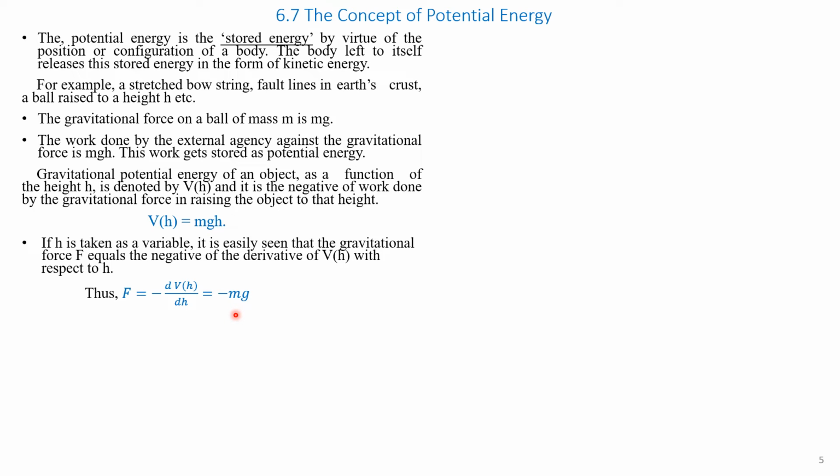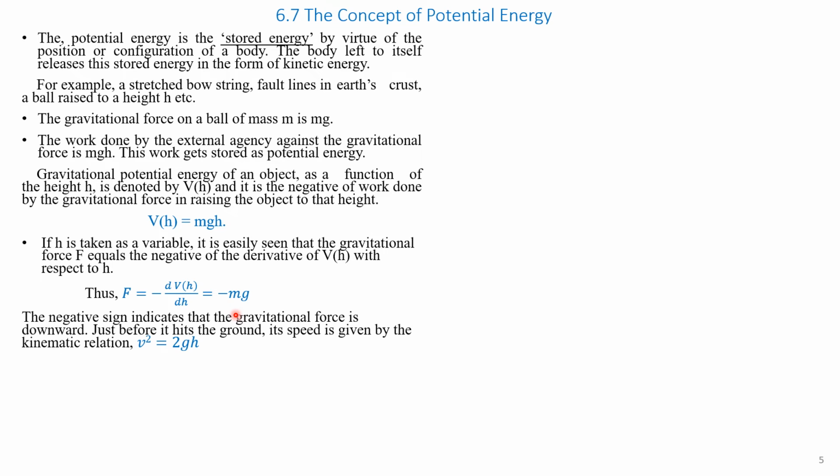When released, the ball comes down with an increasing speed. Just before it touches the ground, its speed is given by the kinematic relation, that is v square is equal to 2gh. This equation can also be written as half mv square is equal to mgh.